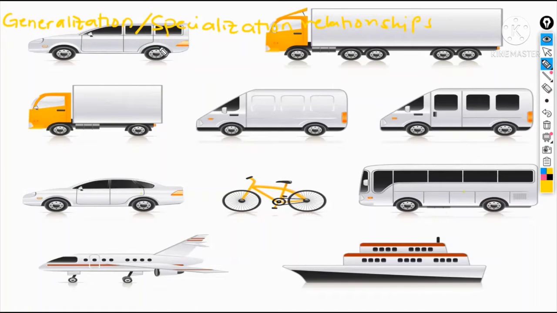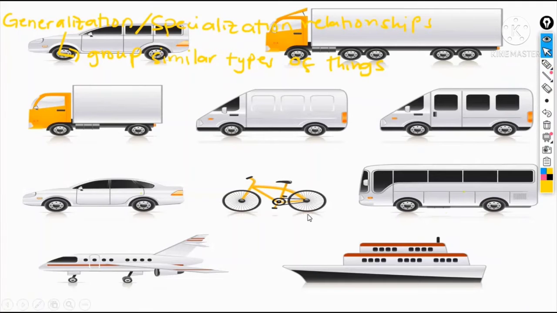So generalizations are judgments that group similar types of things. For example, there are several types of motor vehicle. So there are cars, trucks, bus, plane, boat. So all motor vehicles share certain general characteristics. So a motor vehicle is a more general class.